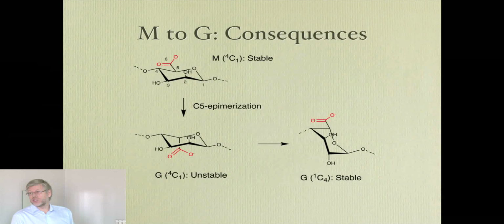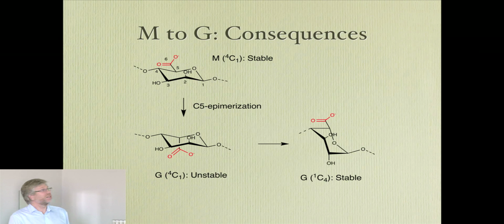Most of you know that sugar rings are not flat, but they have a chair-like, or in some cases, boat-like structure. This is, of course, because of the carbon atoms having the classical 109-degree angle. So if you try to make a 6-ring, whether it's a sugar or cyclohexane, you end up with a chair or a boat. And this is the most stable form of mannuronic acid.